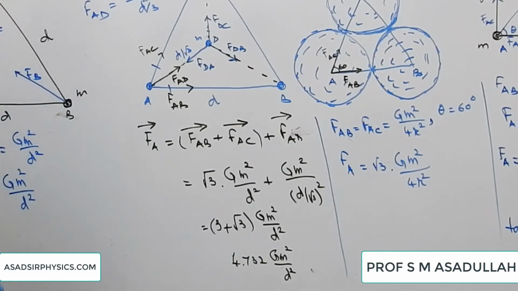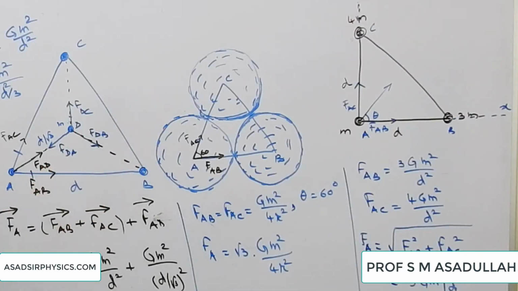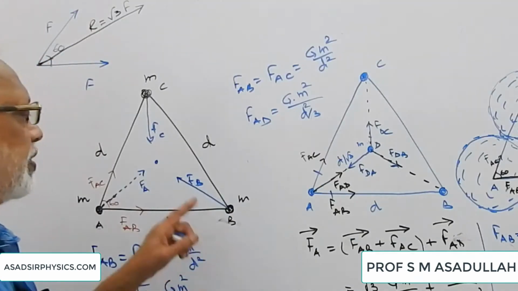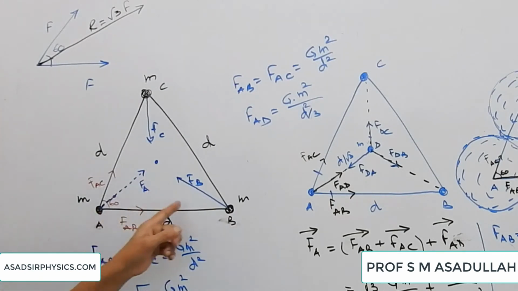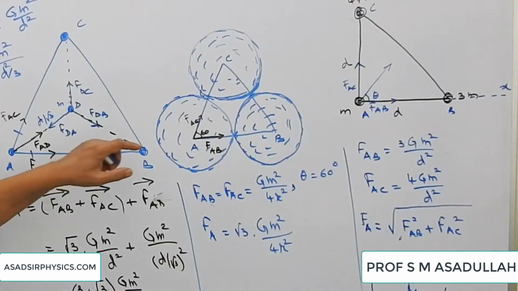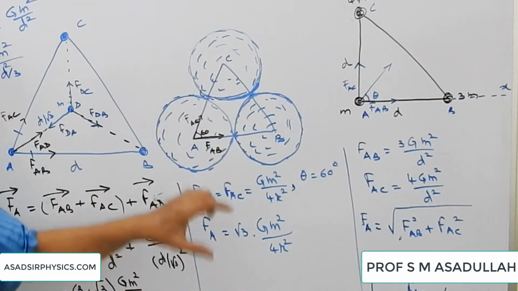Now you will get another problem like this, where three identical spheres, each of mass m and radius r, are arranged such that they form an equilateral triangle. This problem is very much similar to this problem. The only difference is that here the distance is given as d, and here the distance is 2r, r plus r.